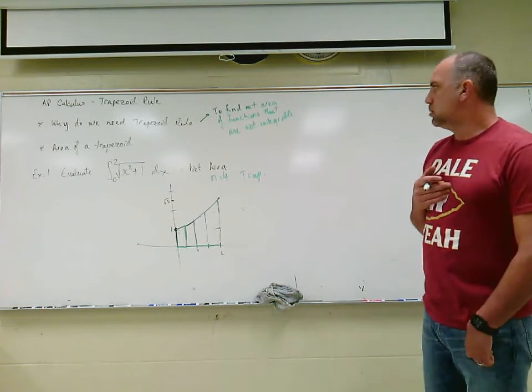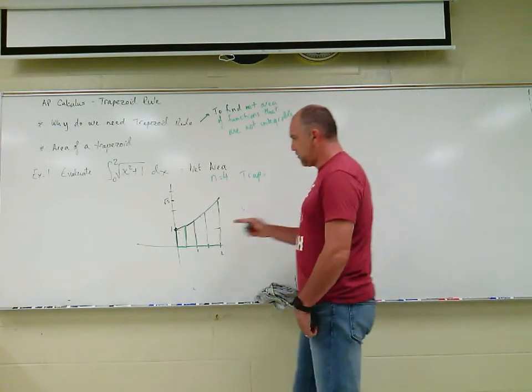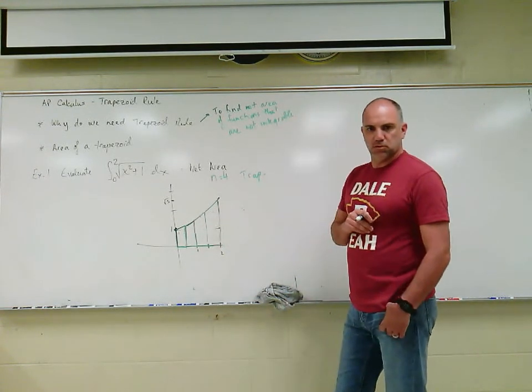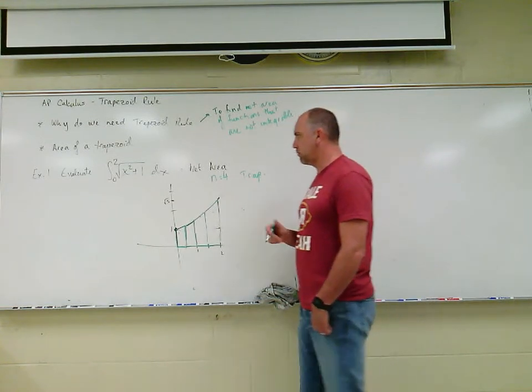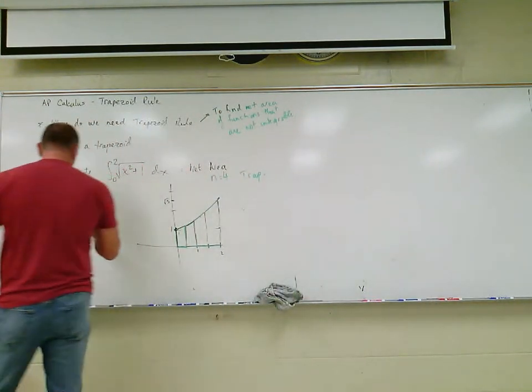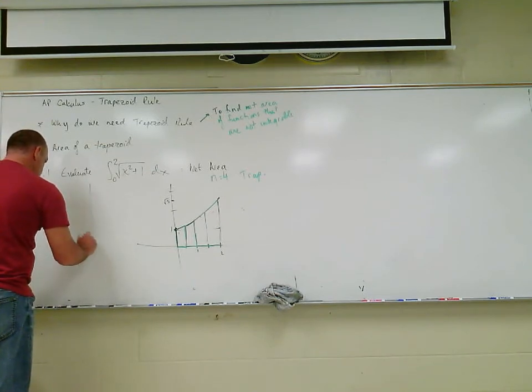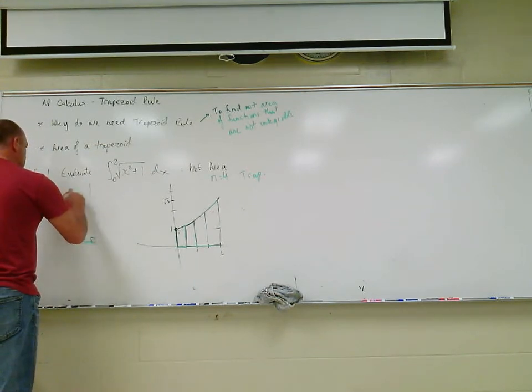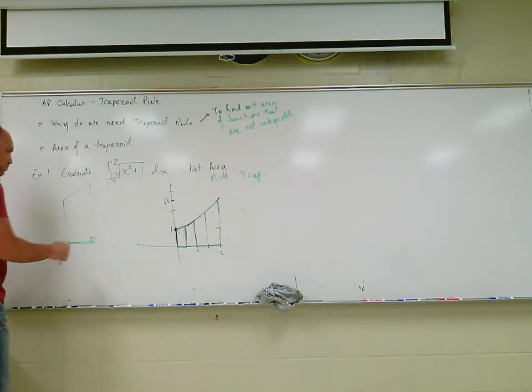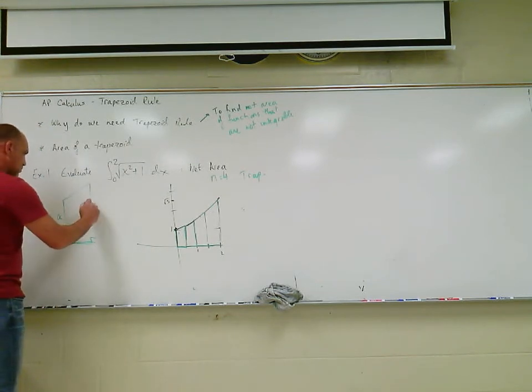Okay, so now I've got to find the area of those 4 trapezoids. Well, let's remember what the area of a trapezoid is. If I just draw a trapezoid here, that's perpendicular. So this is the trapezoid I'm drawing. These are my legs.